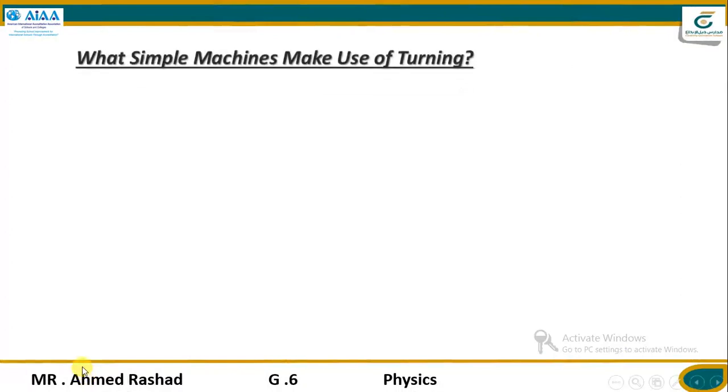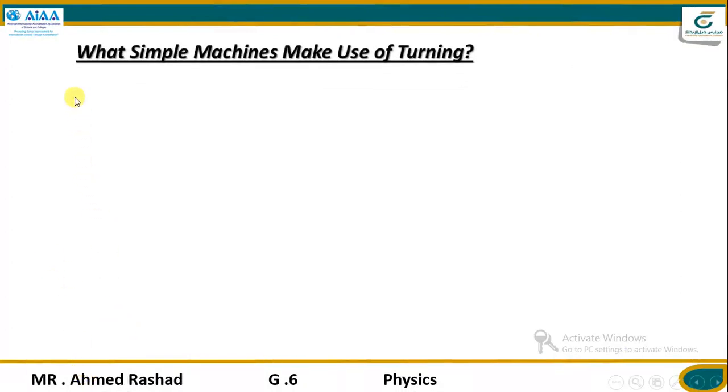Question number 1 today is talking about what simple machines make use of turning. And actually this question we can divide into 2 questions. Number 1, how does a pulley work and how does the wheel and axle work.